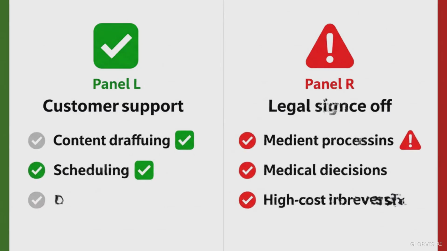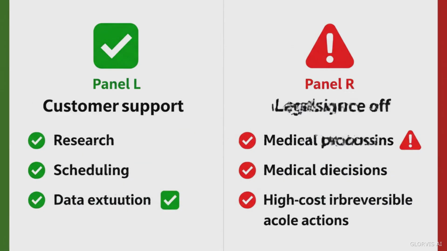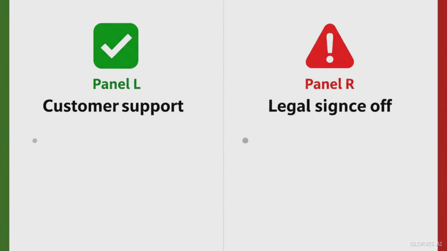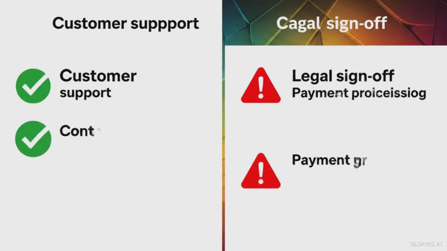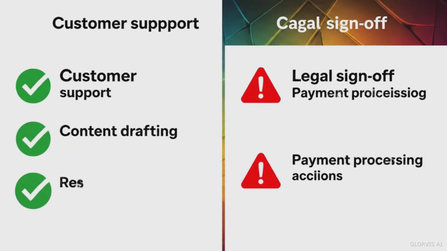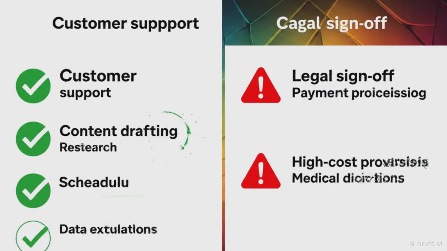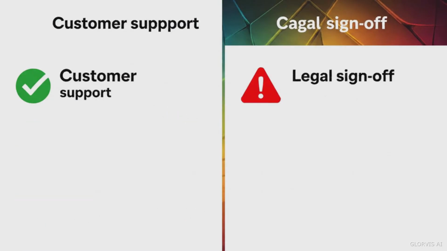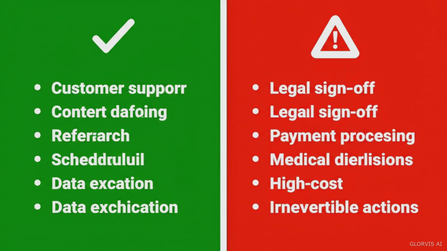Agents struggle when the goal is fuzzy, when there's no clear feedback, or when the cost of being wrong is high. I would not let an agent send legal documents without me reviewing them. I would not let an agent run my checkout flow unsupervised.